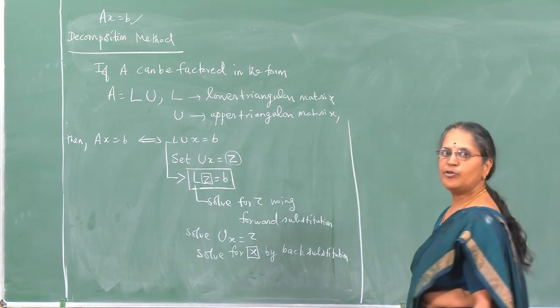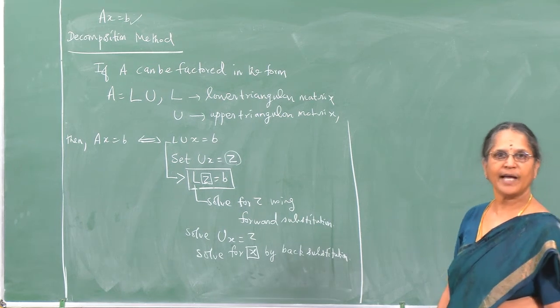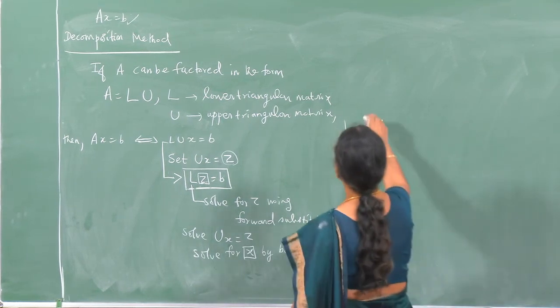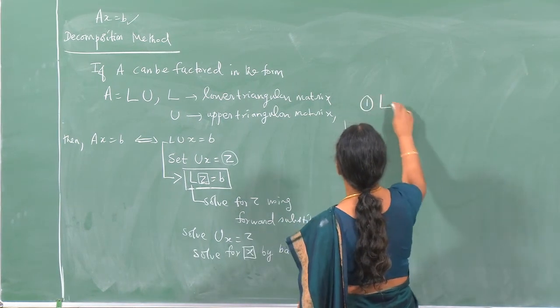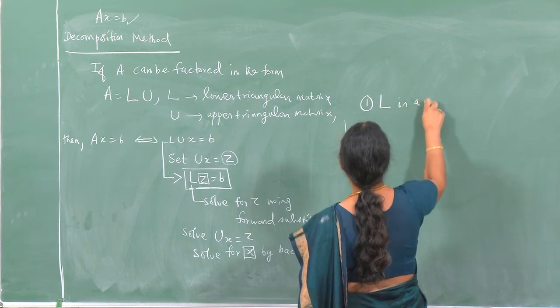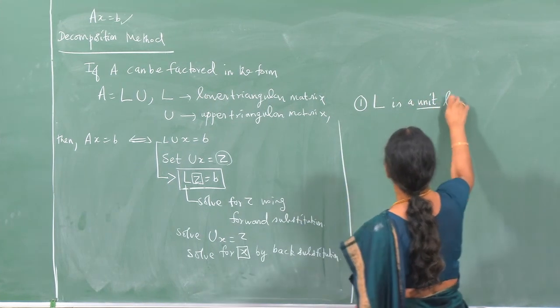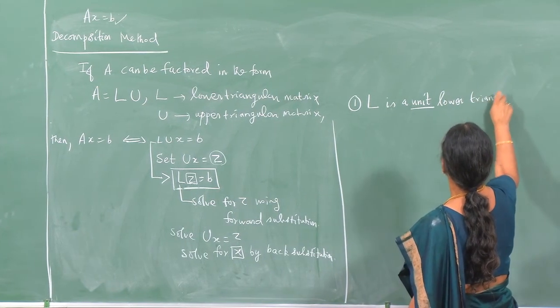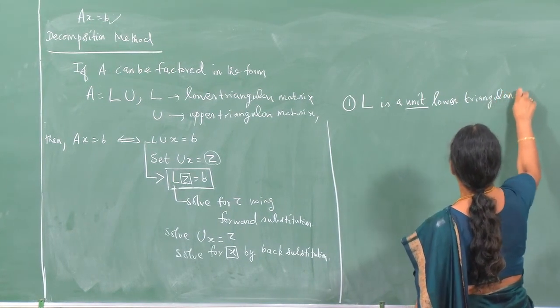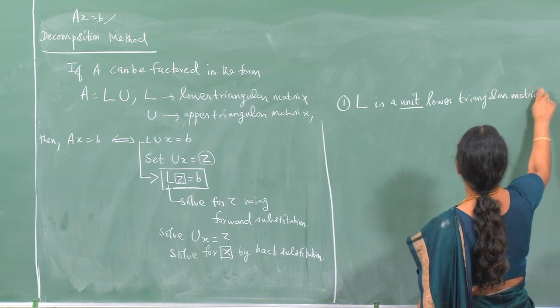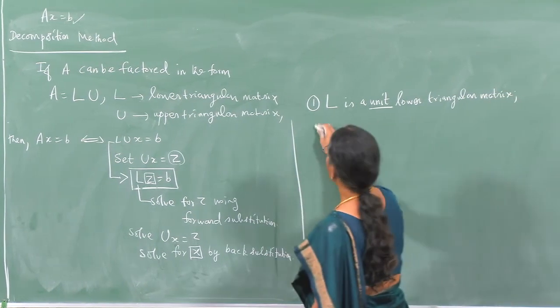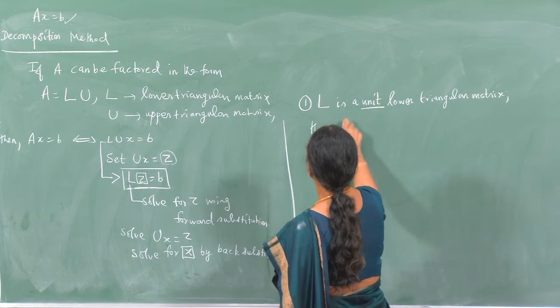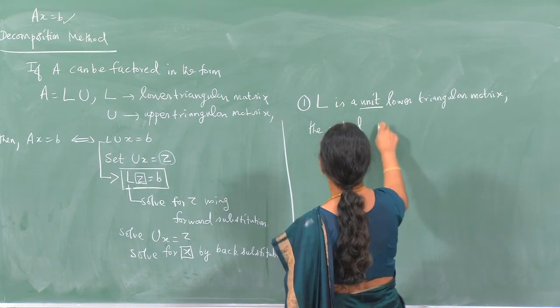Suppose we are able to factor A in the form LU, and in case that matrix L is a unit lower triangular matrix, then you say that the method is Doolittle method.